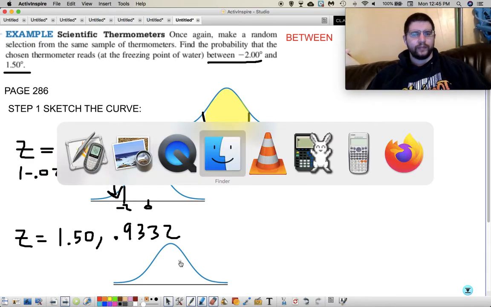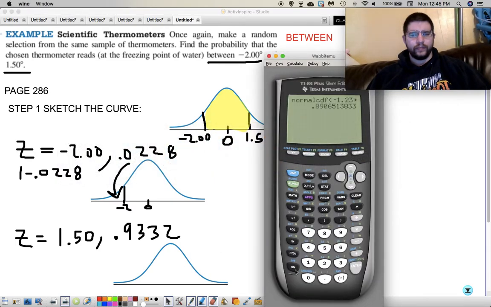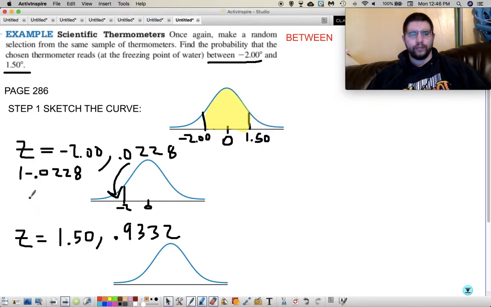If I do that, 1 minus 0.0228 gives us 0.9772. So that's the area on this section. So let's see if we can use that somehow.